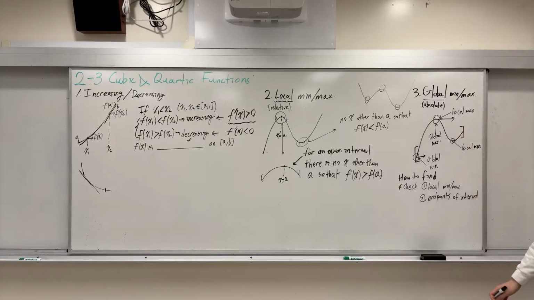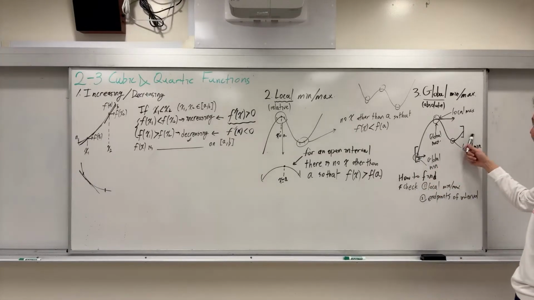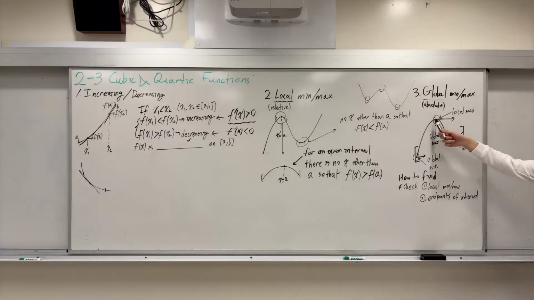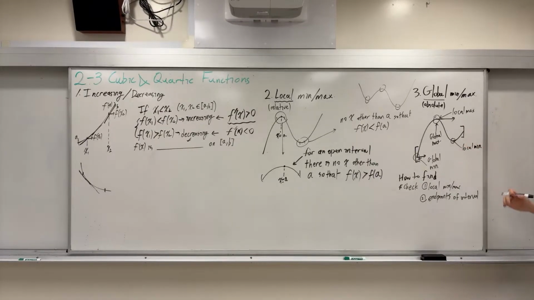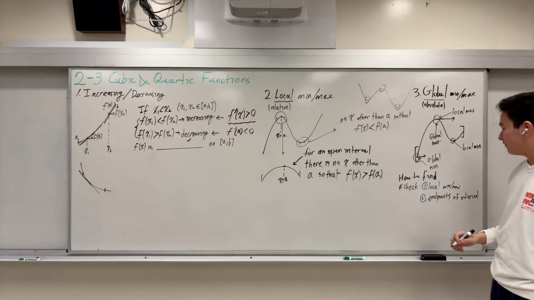If you're given a set interval, you should always check the endpoints, because although this is technically a peak of the curve, it is only a local peak. In this function, this happens to be both the global maximum and a local maximum. But this point is a local minimum, and the global minimum is in a different place. So you need to compare the local minimums and maximums and the endpoints of the interval.